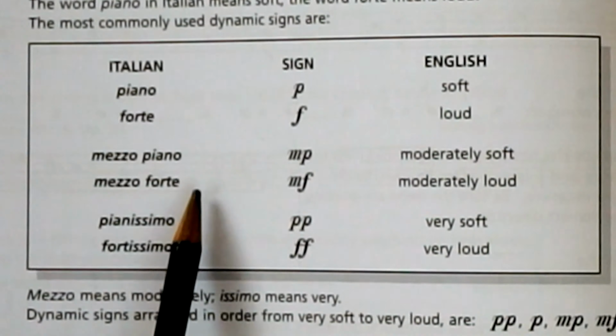DS means back to the sign. So here you've got DS, you're going back to the S symbol kind of thing, the thing you draw in 5th grade. And then you've got fine, that means finish. And then this is the coda, which is this bullseye looking thing, an added ending.